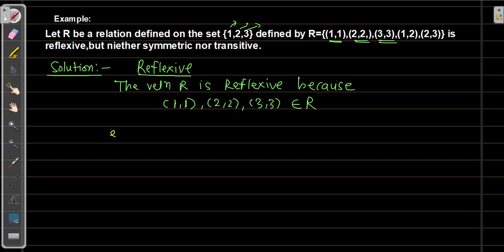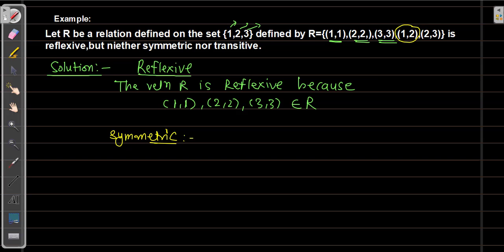Now we will see what about the symmetry, whether our relation is symmetric or not. In this relation, 1 is related to 2, but 2 is not related to 1.